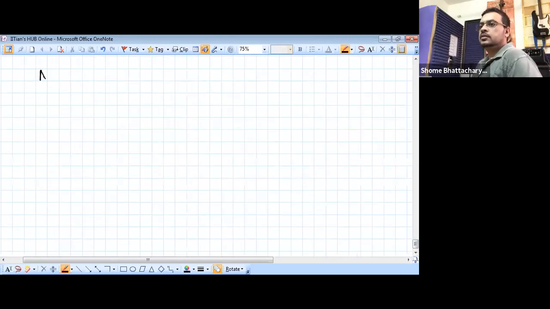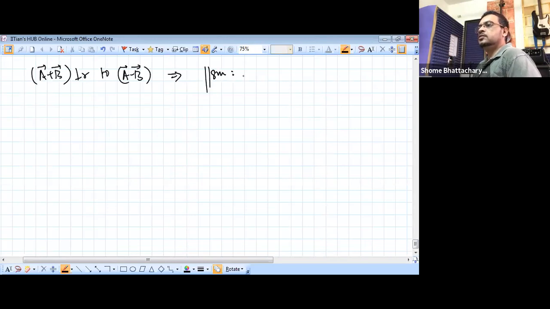Remember that, yes, correct. Aman, that is correct now. A plus B is perpendicular to A minus B. That immediately should ring the bell that the parallelogram is a rhombus.